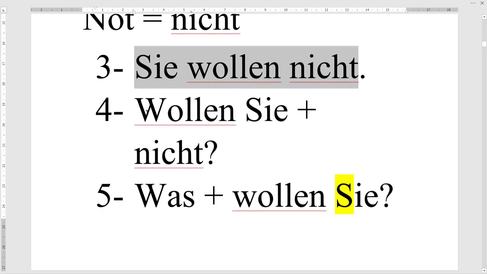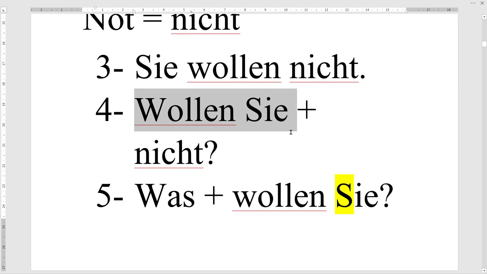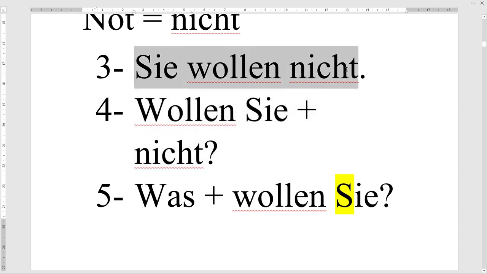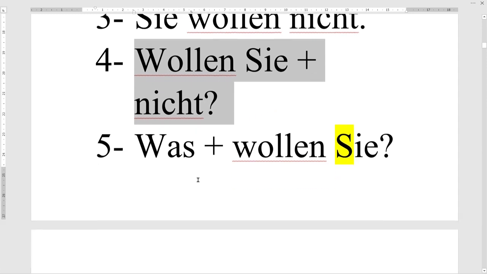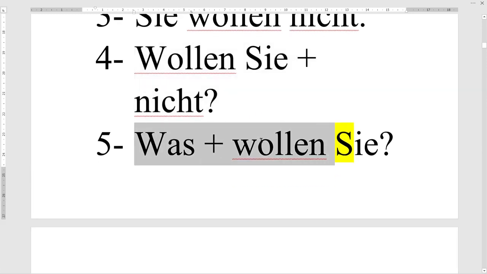And a negative question: wollen Sie nicht. Sie wollen nicht means you don't want. Wollen Sie nicht means don't you want. Now, what do you want? Was wollen Sie? Remember, was is used at the beginning of the sentence.